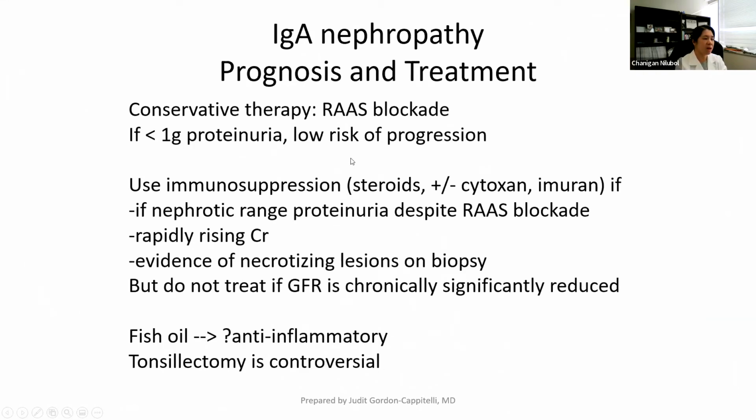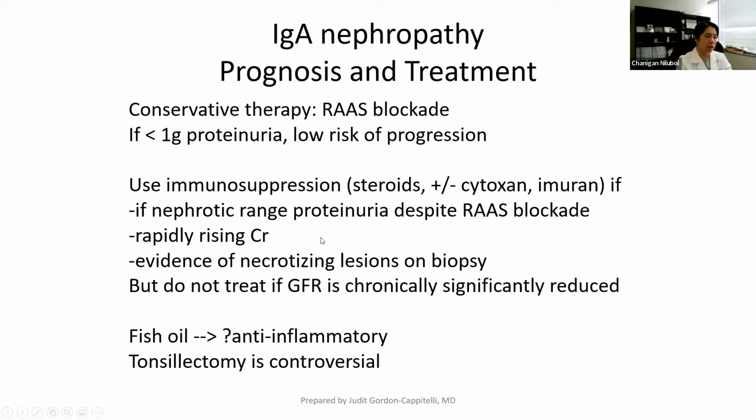The treatment: this is one of the glomerular diseases that we actually don't have a specific treatment for yet. There are a couple of things on the horizon that we might be able to use. But right now, with conservative therapies, you want to put these patients on RAS blockade, and we have tried using immunosuppression.